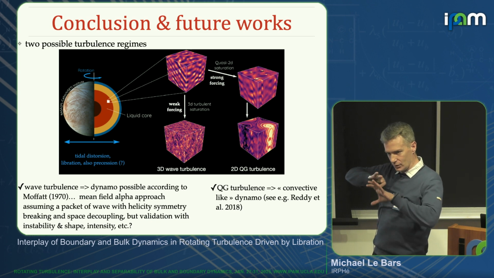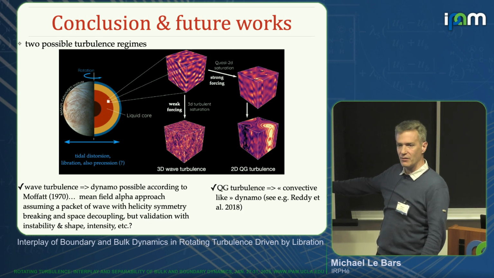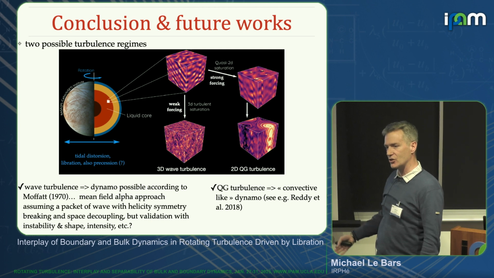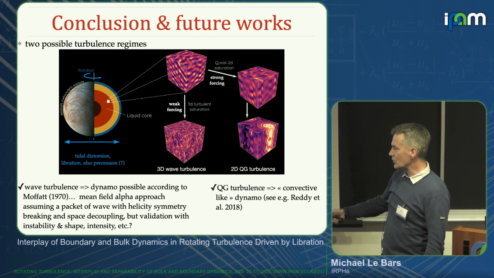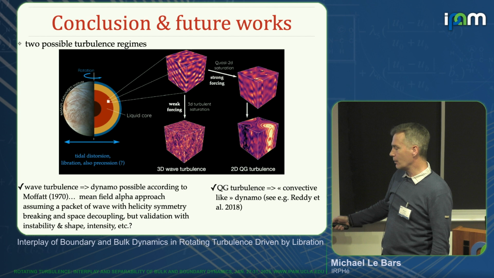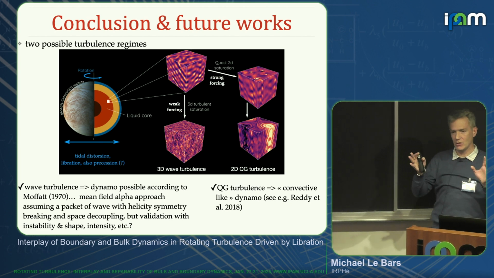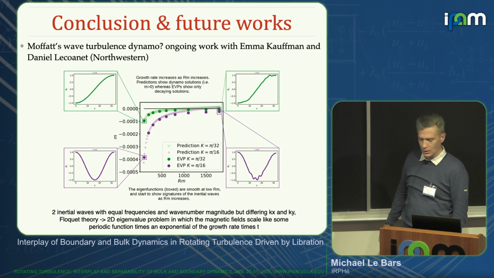So you have a real decoupling between the small-scale waves that produce an alpha effect, and an alpha squared dynamo that appears, with a magnetic field at large scale. But that was with the mean field alpha theory only, and you also need to find a realistic way to break the helicity in the wave packet you emit, which is not easy in geophysics.